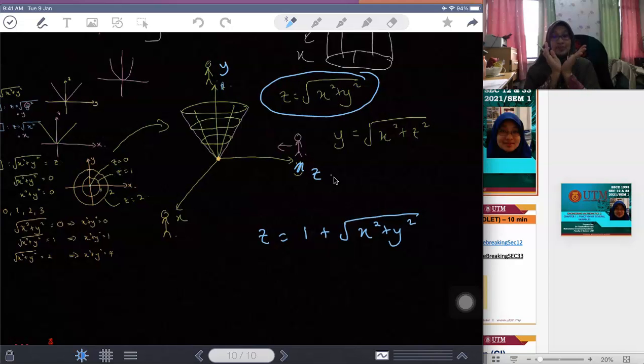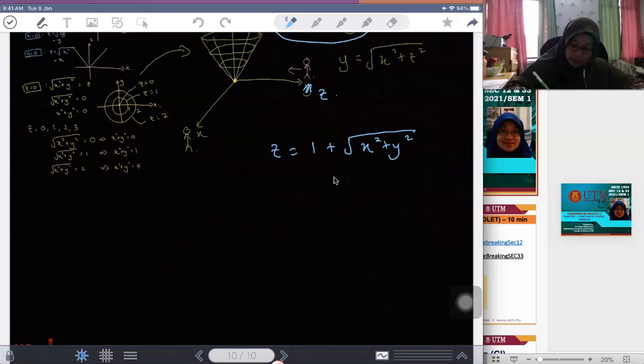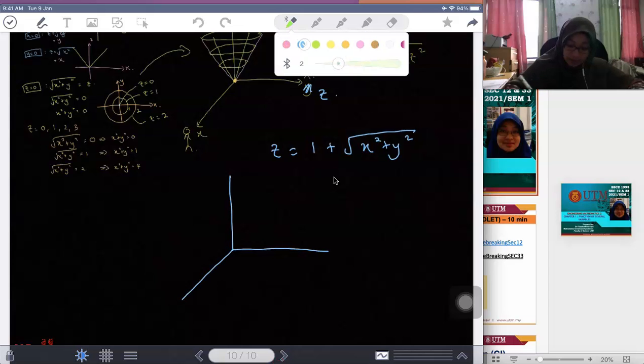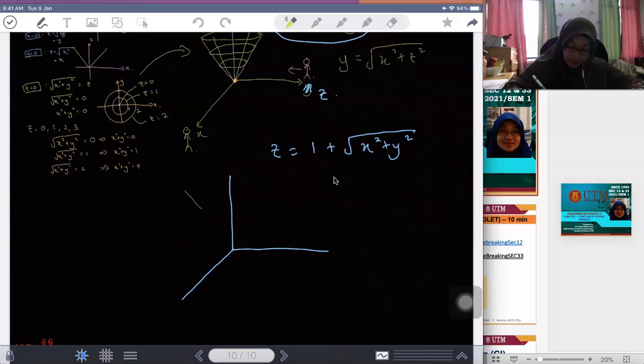You have plus 1 there, meaning that it is shifted 1 unit above along z. You still have the same cone. So that is your cone, and this is z equal to 1.